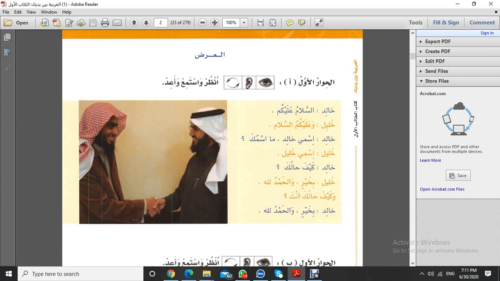When you need to show possession in Arabic, we add the ya, which you call ya mutakallam, at the end of the word. Just like kitab is the word for book. But if I add just the ya at the end of kitab, it becomes kitabi.